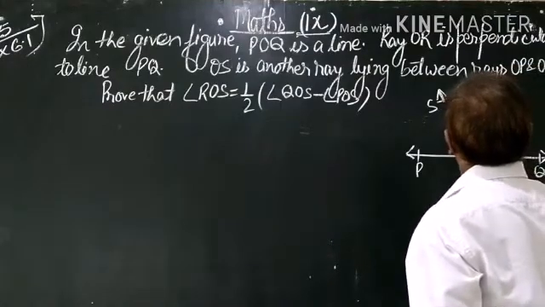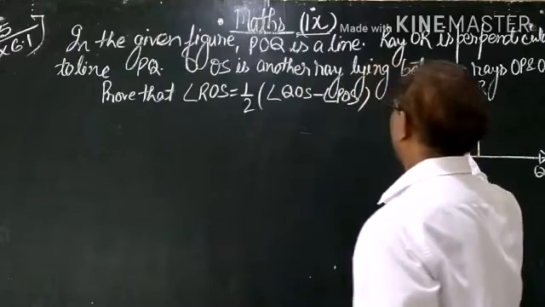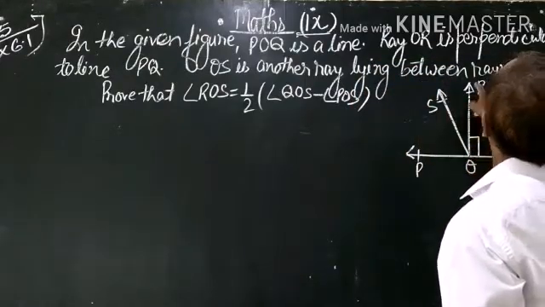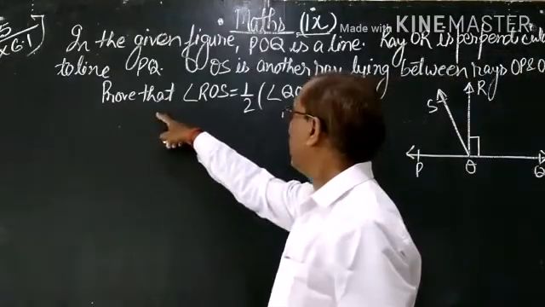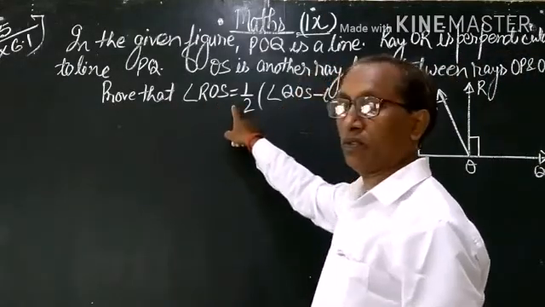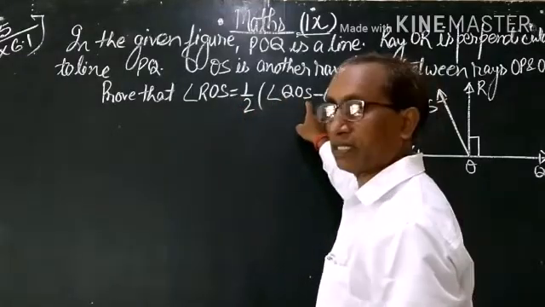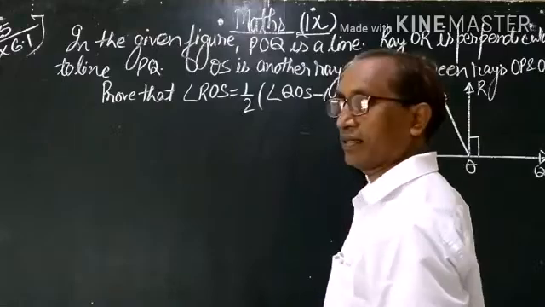Means this is perpendicular. OS is another line between OP and OR. Prove that angle ROS is equal to 1 by 2 (angle QOS minus angle POS).